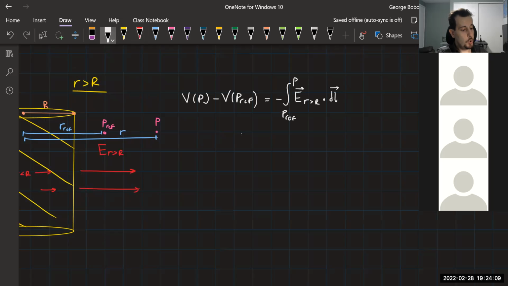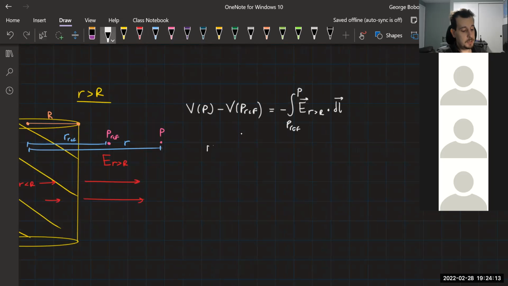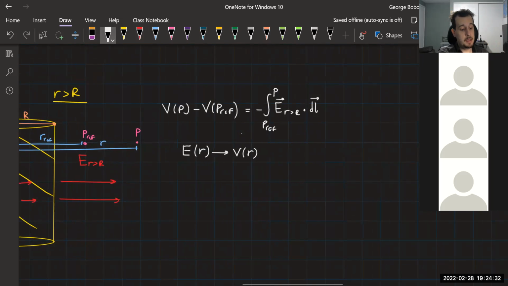Okay, so we know that the voltage, again, because the electric field is a function of only r, is also going to be a function of r. You can't just gain dependencies out of nowhere. Since the voltage is dependent on the electric field, it absorbs the dependency.